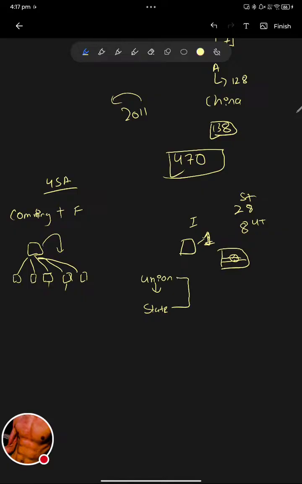Here it is more of a unitary form of constitution. Then after the state, in every particular state there is a governor. Then there is your panchayati raj.